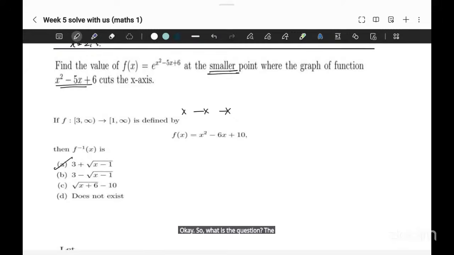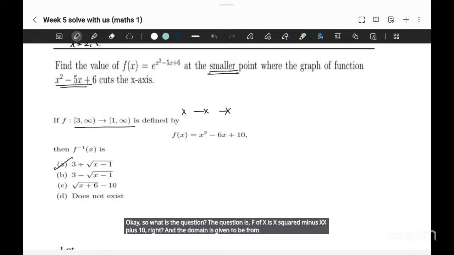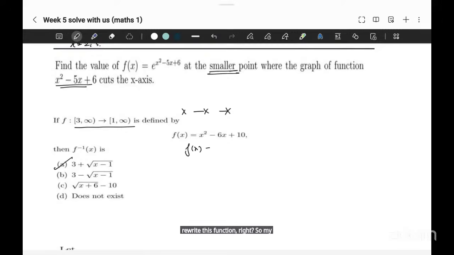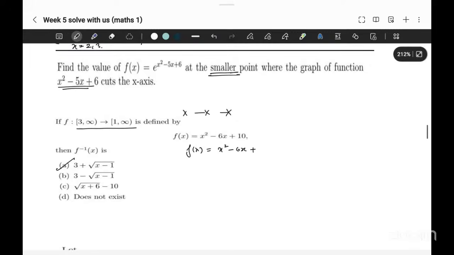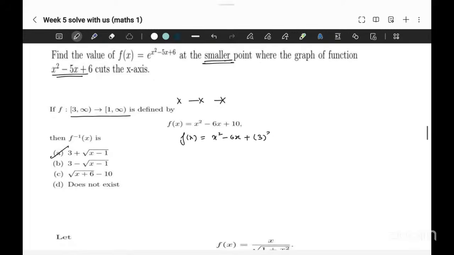So what is the question? The question is f of x is x square minus 6x plus 10, right? And the domain is given to be from 3 to infinity, right? Okay. Now, first of all, we will rewrite this function. By completing the square, this will be x square minus 6x plus 3 whole square minus 3 whole square plus 10, correct?